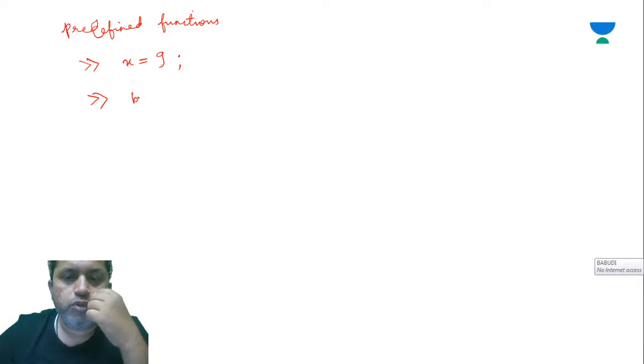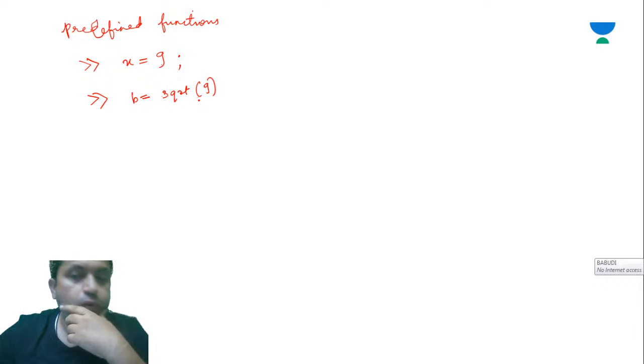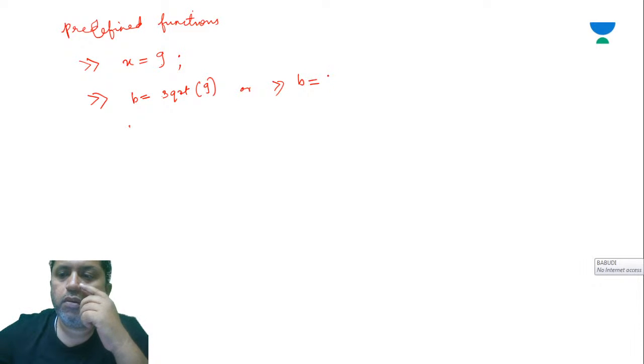So b is equal to sqrt 9. Or you can also write variable b is equal to sqrt(x).